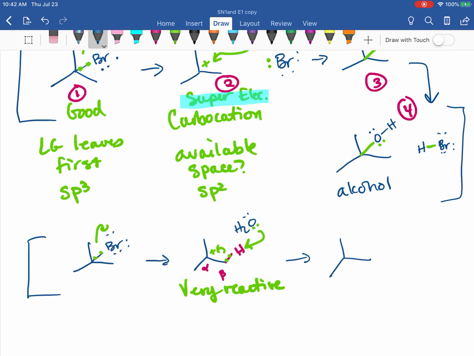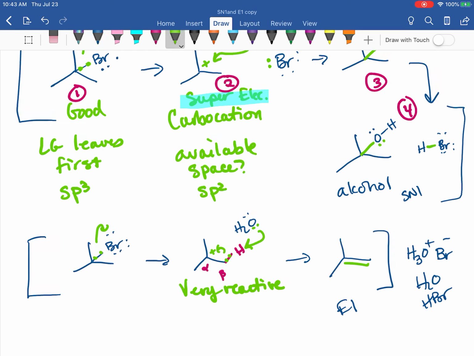And so in this case, you also can make the alkene. And then what is your byproduct? Our byproduct is that H3O plus, Br minus, but isn't that actually water and HBr? It is. So this would be our E1, and this would be our Sn1.